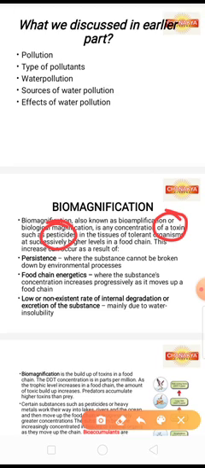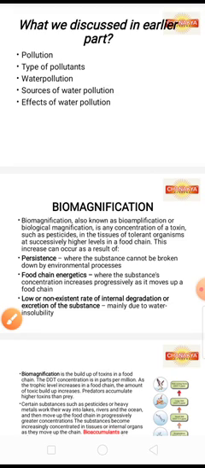If the concentration of that toxic increases, it will harm the tissue of tolerant organisms at successively higher levels in a food chain.